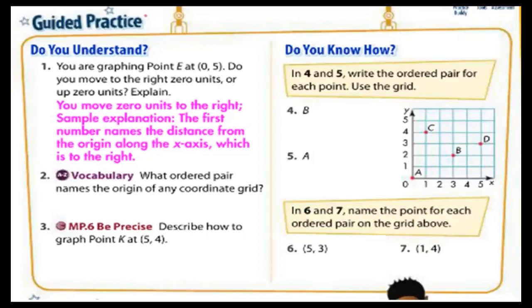Okay, question number 2 in guided practice. What ordered pair names the origin of any coordinate grid? The origin of any coordinate grid is the intersection point between the 2 axes. What are they?